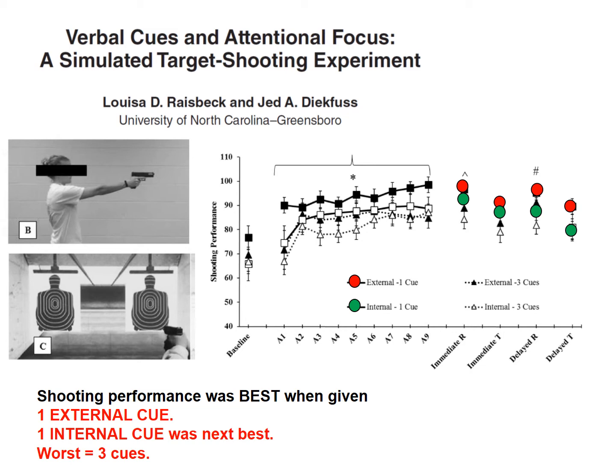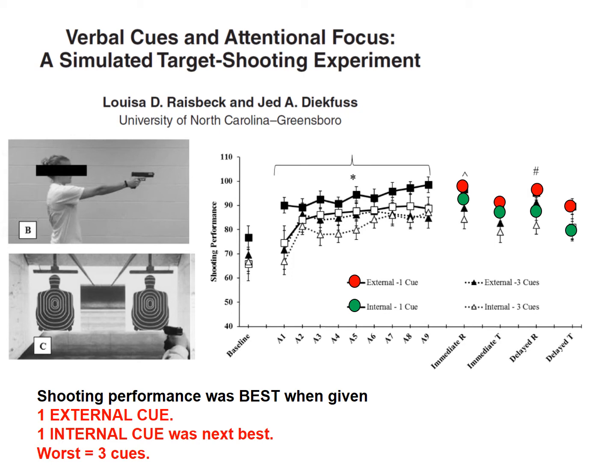And in this study, there were individuals who got 3 external cues or 1 external cue. So the study looked at internal and external instructions and also the number of cues that people concentrated on. Now the data show an accuracy score, how many points you scored, and higher scores are better.